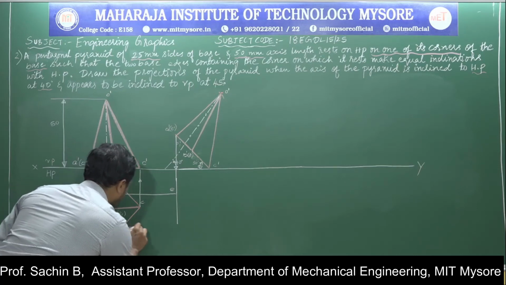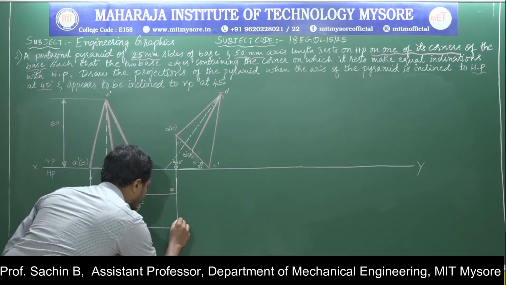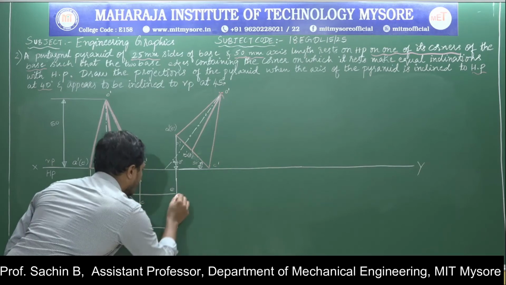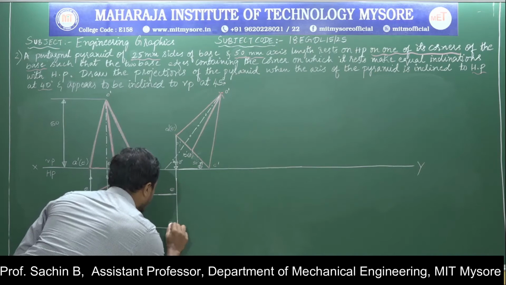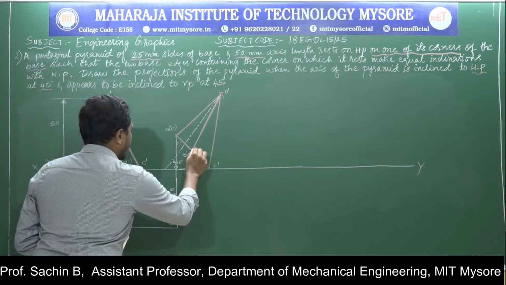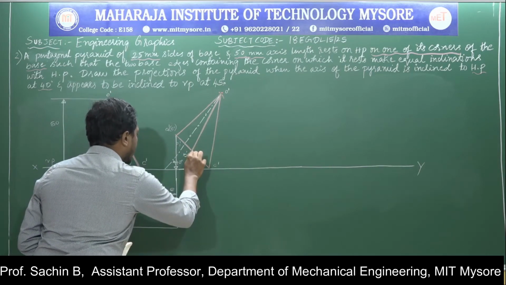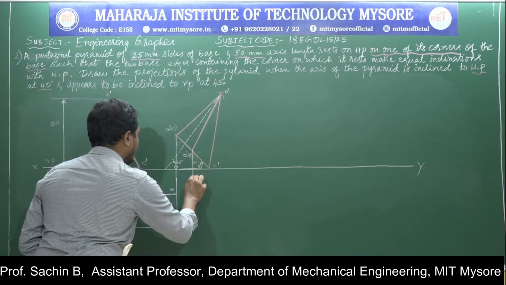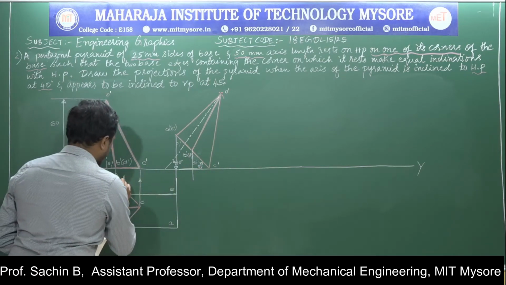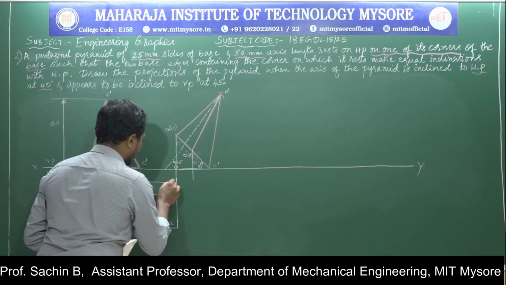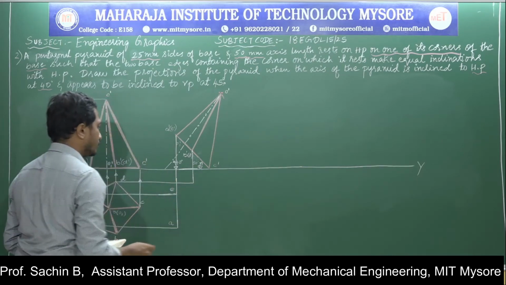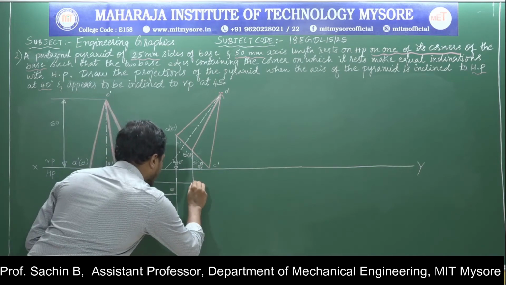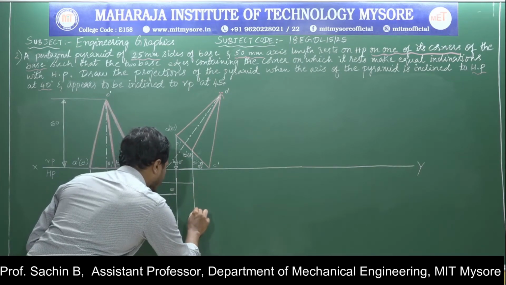Again from A I am extending it. This is my A point. Next I will draw the projection line from B dash to D dash. Again I am extending the projection line to here. The same line is extended to get the B point.